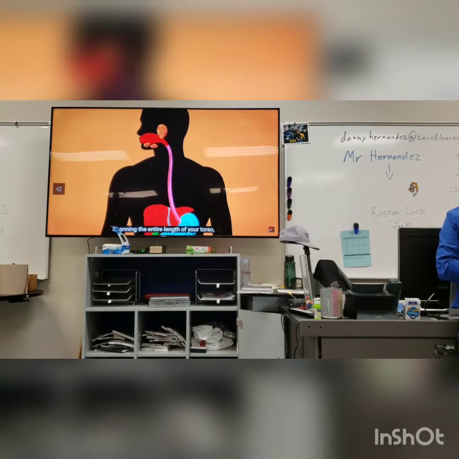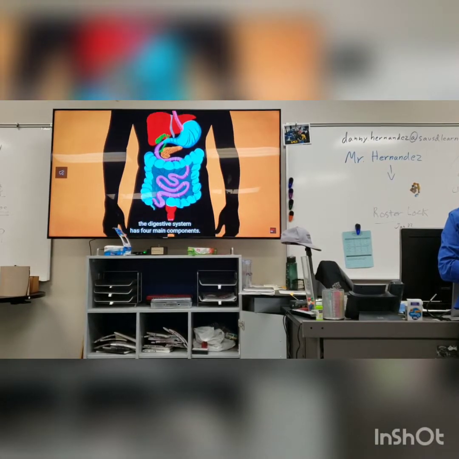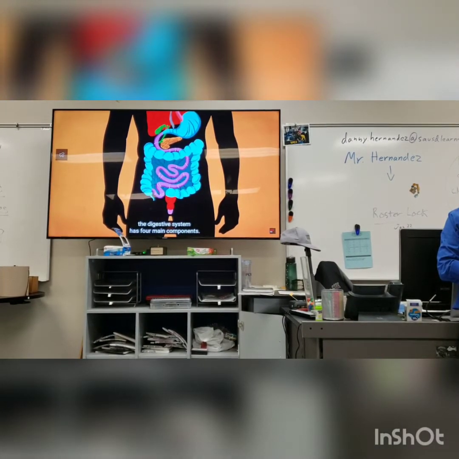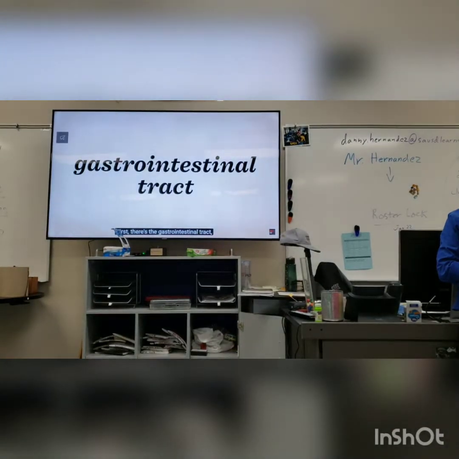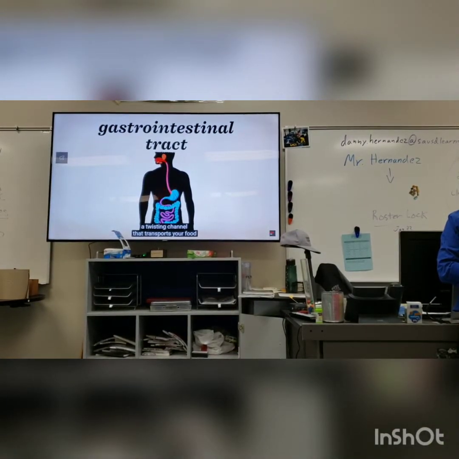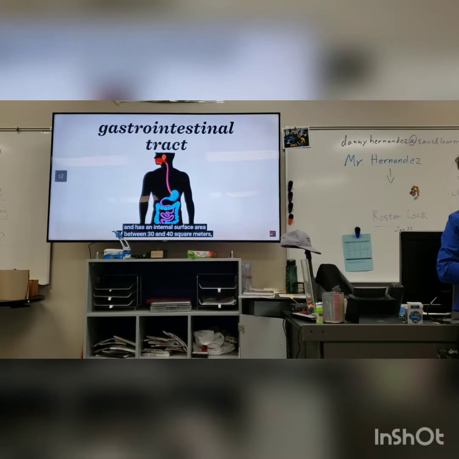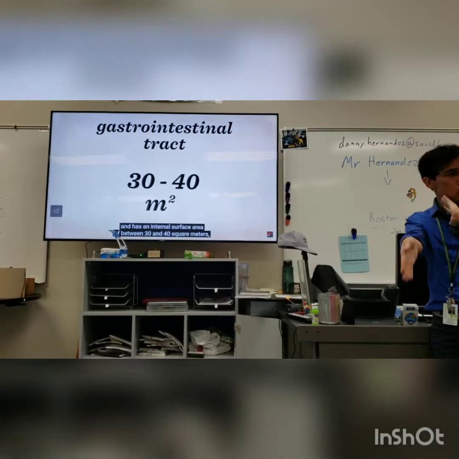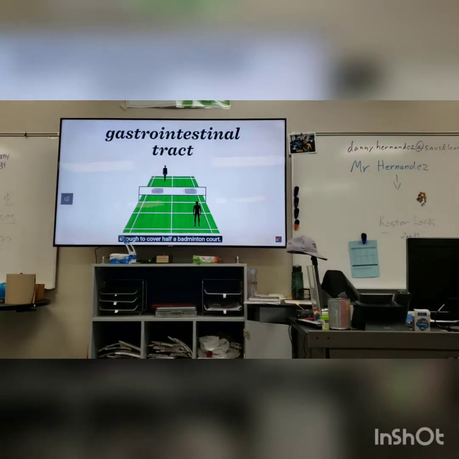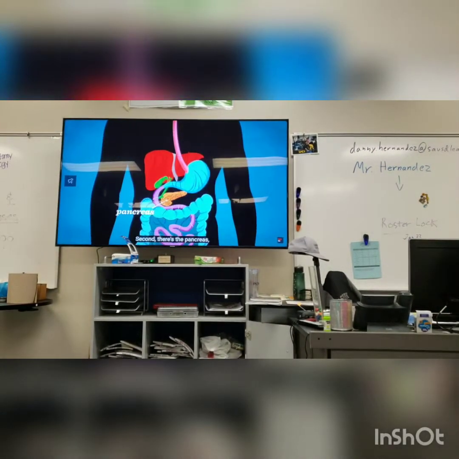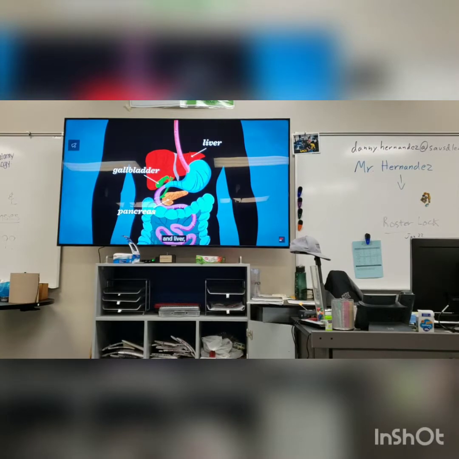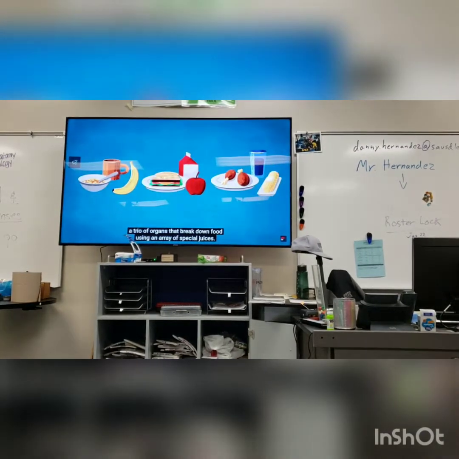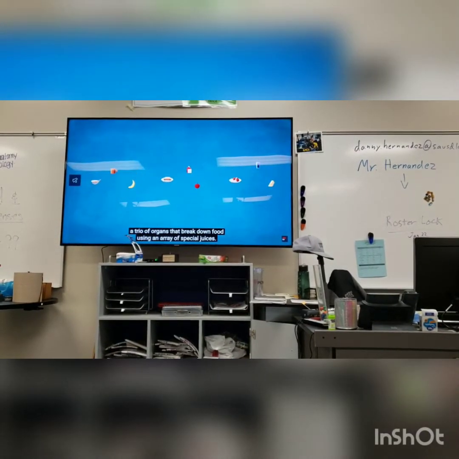Spanning the entire length of your torso, the digestive system has 4 main components. First, there's the gastrointestinal tract, a twisting channel that transports your food and has an internal surface area enough to cover half a badminton court. That's the parts that your food actually goes through. Second, there's the pancreas, gallbladder, and liver, a trio of organs that break down food using an array of special juices.